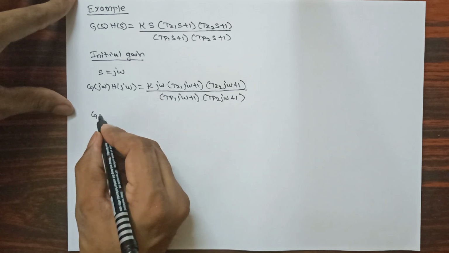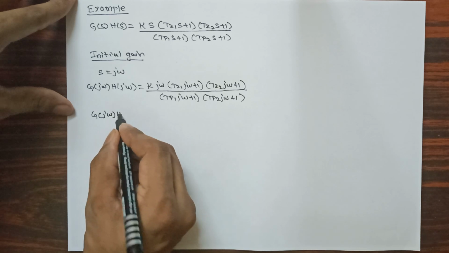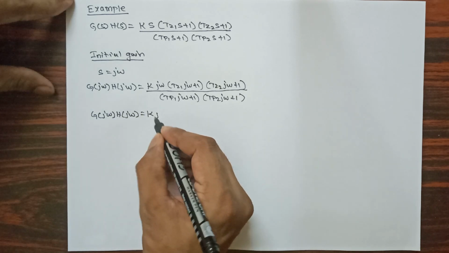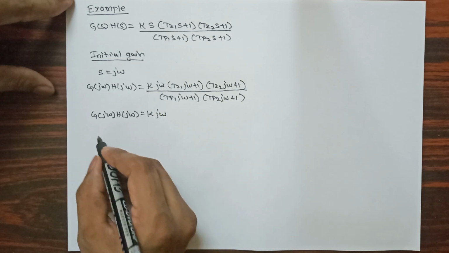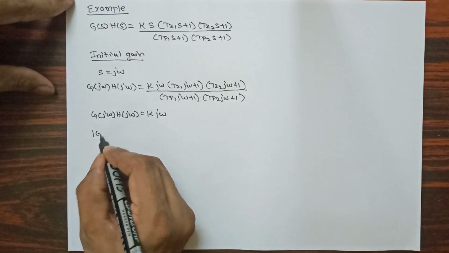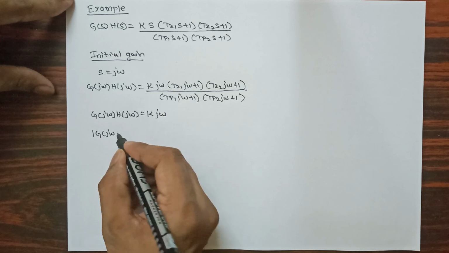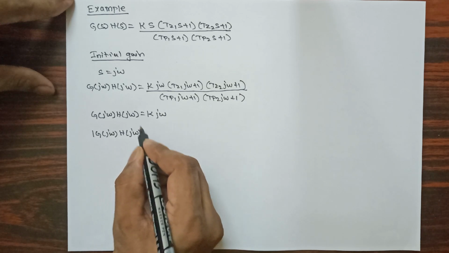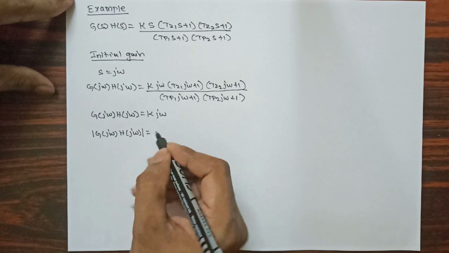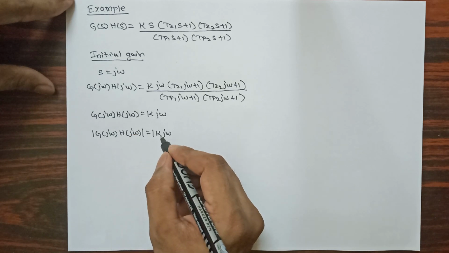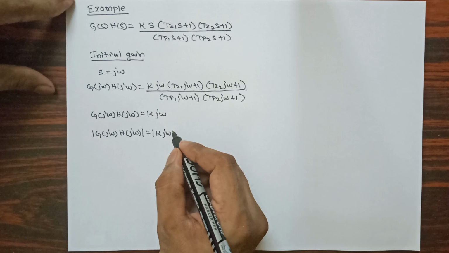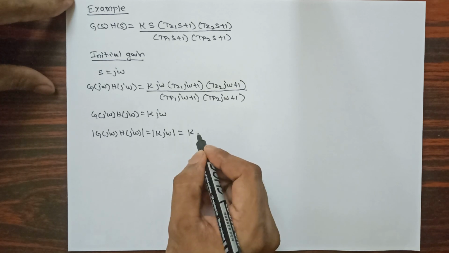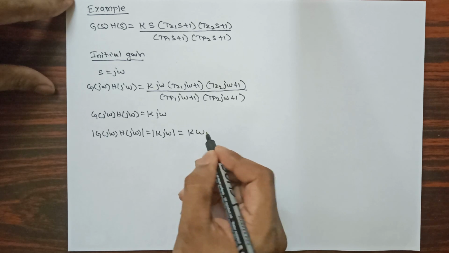So here G(jω)H(jω) is equivalent to K into jω. By considering the magnitude, magnitude of G(jω)H(jω) is equivalent to magnitude of K into jω. This will be equivalent to K into ω, since magnitude of jω is ω.